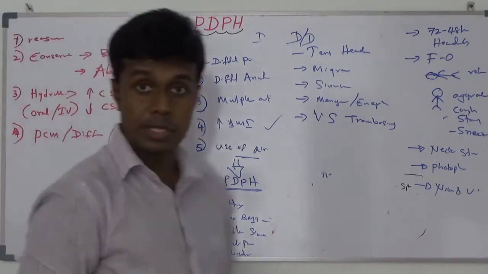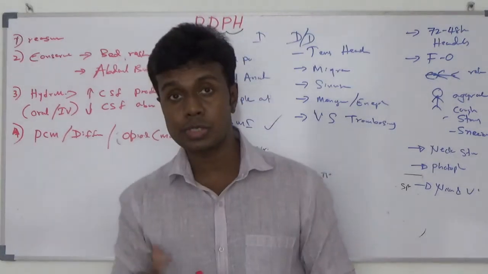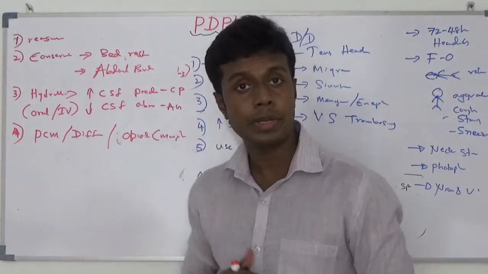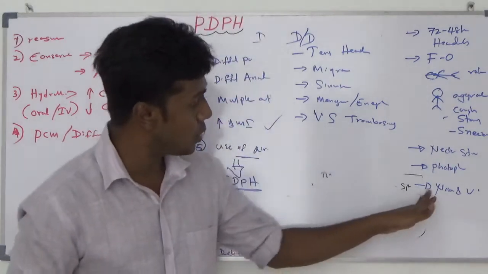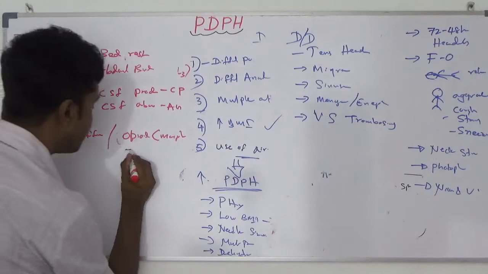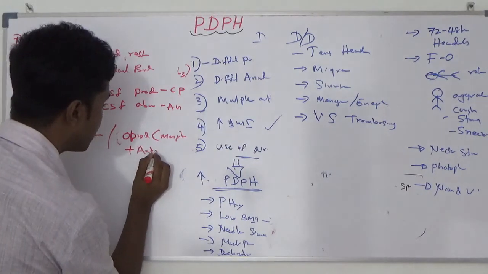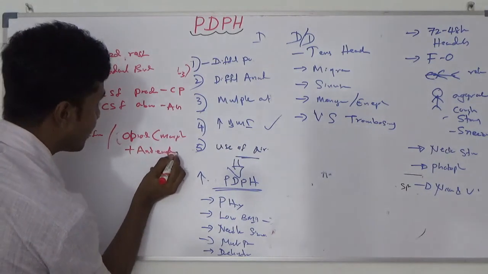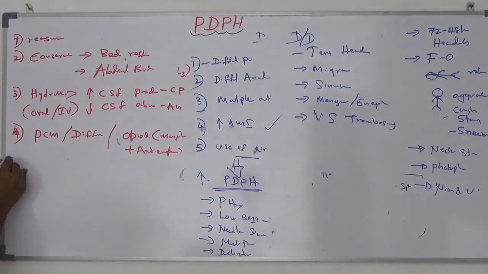If you have a patient having severe headache, sometimes you have to use intermittent morphine. If you have a patient complaining of nausea and vomiting, with the combination of morphine, you sometimes have to use antiemetic drugs.